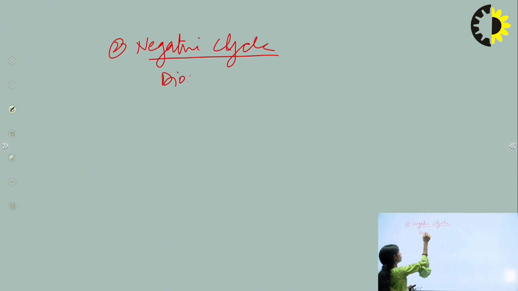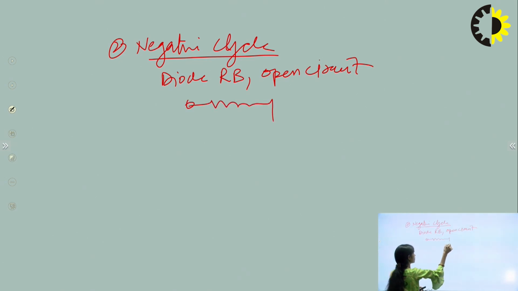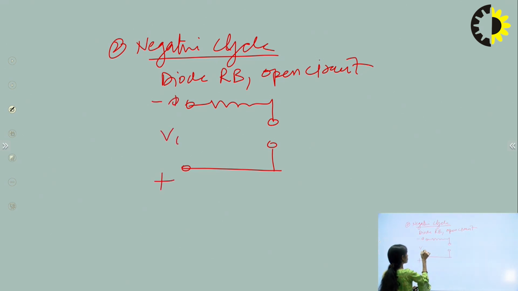Now if we take the negative cycle, the diode will be reverse biased. If the diode is reverse biased, it is taken as an open circuit, and for the open circuit we have the circuit arrangement like this. This is the open circuit, and for the negative cycle we give the input here and take the output across the open circuit.